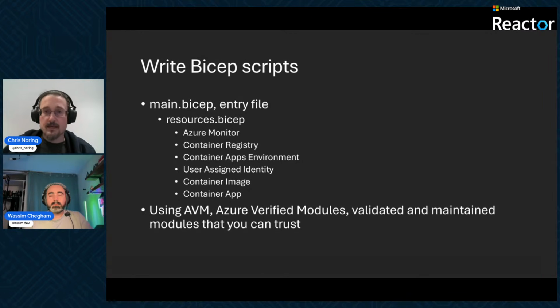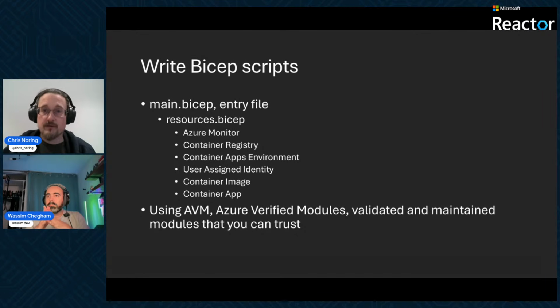ARM is one dialect, Bicep is the other. If you've seen something like Terraform, it's very close visually. If you squint, you probably see Terraform. My point with Bicep is that this is a great way to organize your cloud resources. And what you should know if you're completely new to it is that you have an entry point file called main.bicep.